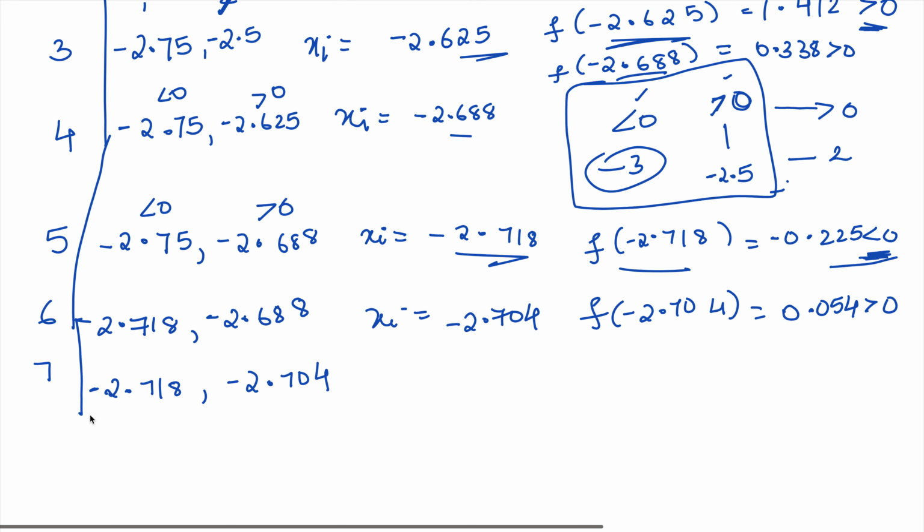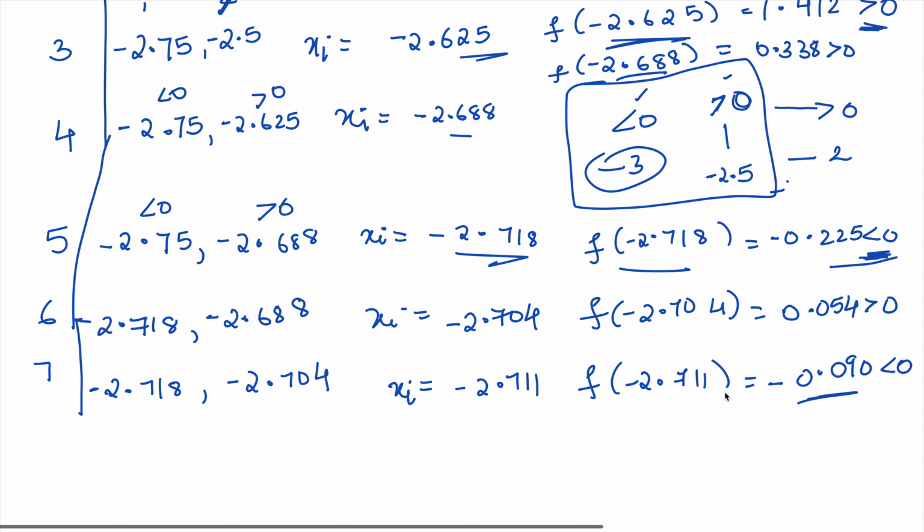Now we know that our root is between -2.718 and -2.704. So we have shrunk it a lot, right? Now what is xi? -2.718 plus -2.704 divided by 2, which is -2.711. Now f of -2.711 is equal to -0.090.